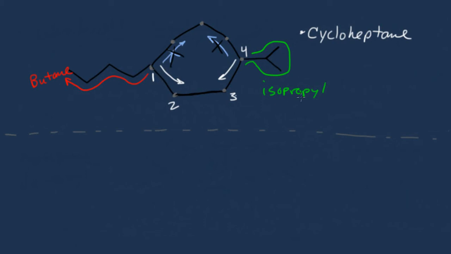Well, B comes before P. Remember, we look at the P in isopropyl whenever alphabetical order is important. So let's go ahead and name this molecule as 1-butyl-4-isopropylcycloheptane.